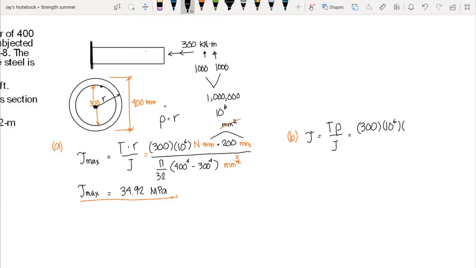Our rho here is the radius of the inside circle, since we are looking for the stress at the inside section.